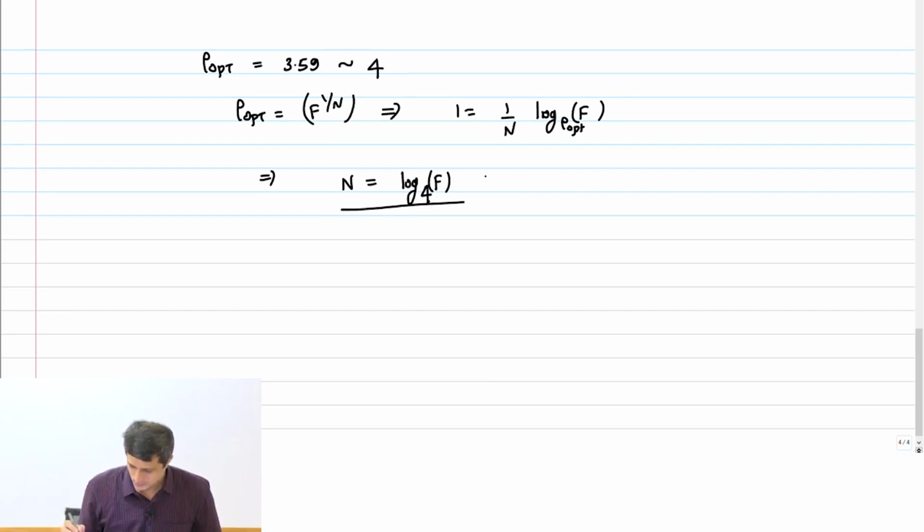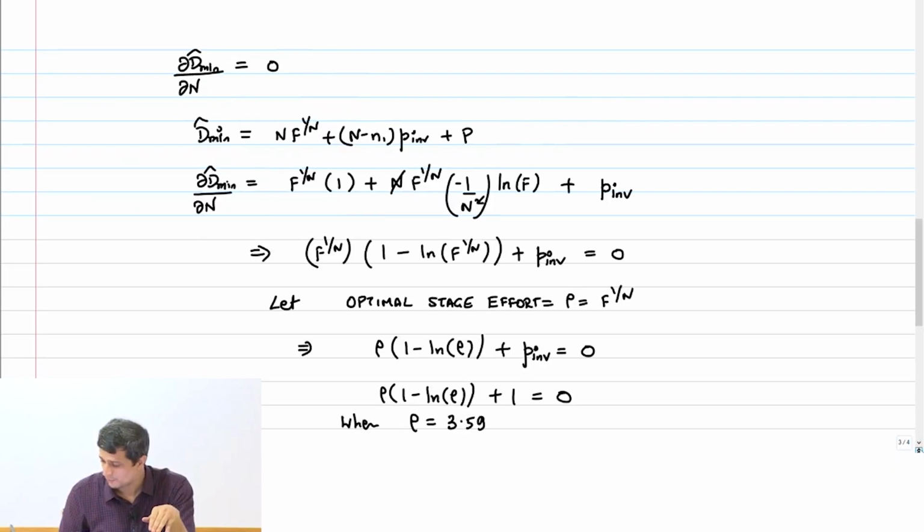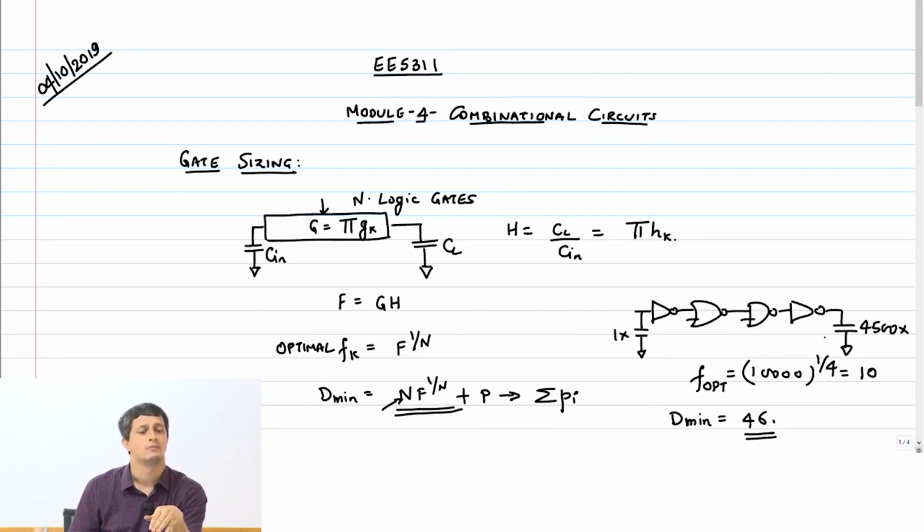So why don't we go ahead and apply this to the previous problem that we solved yesterday. You know, we did this problem, right, where we got this. Can you now tell me how many buffers I need to add, or how many inverters I need to add to the path, right? And what is the minimum delay?